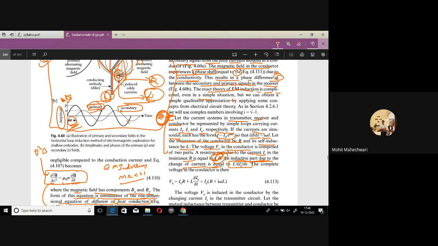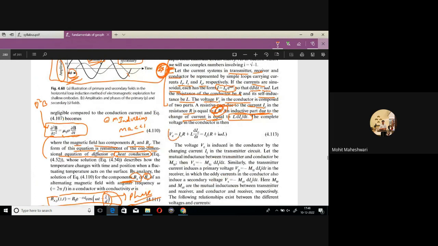So the complete voltage in the conductor will be VC equals IC R due to the resistive part, plus L dI by dt due to the inductive part. Okay, and dI by dt you can write as i omega IC, because I is in the form of exponential of i omega t. So you will get this equation.